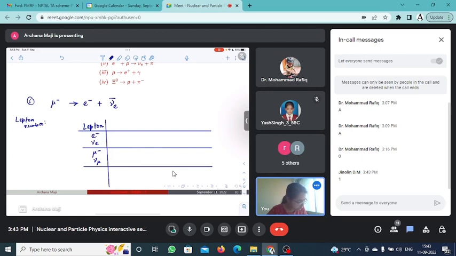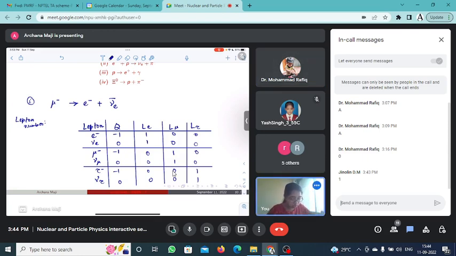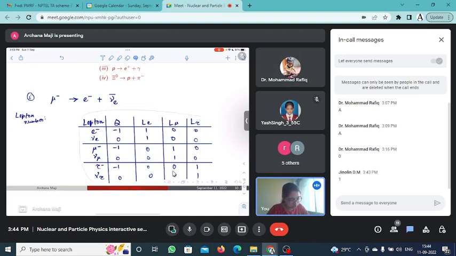So all the lepton numbers for all these will be, but there are different lepton numbers: electron lepton number, muon lepton number, and tau lepton number. Okay, so then you want to see whether the lepton number is conserved or not.